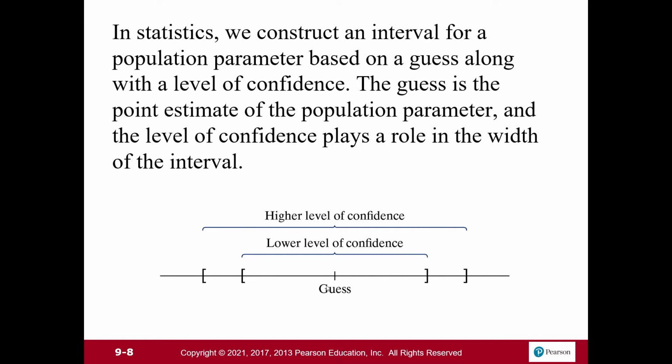And the wider the interval, the more confident we are that the true population proportion is within that interval. Now, if the interval is not as wide, we will have a lower level of confidence. So the level of confidence kind of dictates how wide the interval will be.